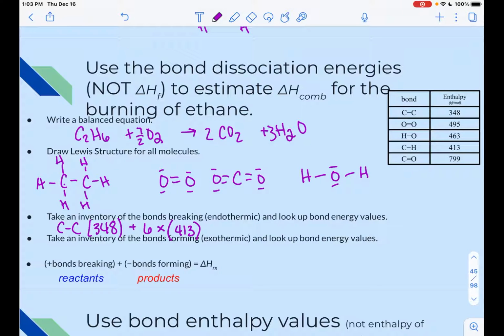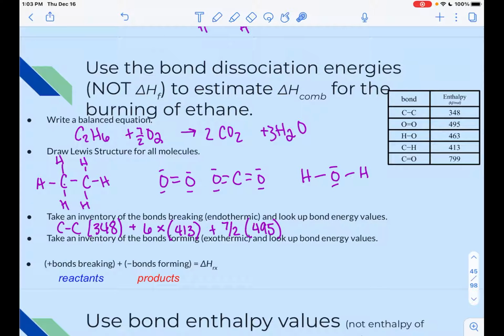That's for ethane. And then we have 7 halves of the OO, which is 495.